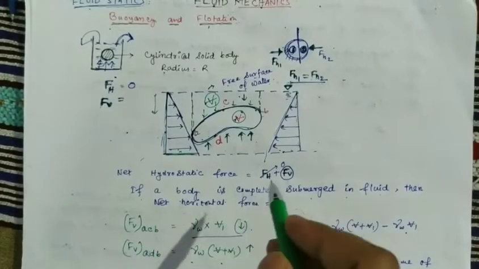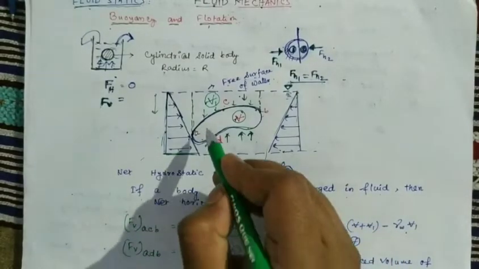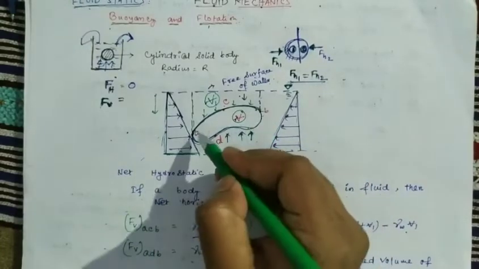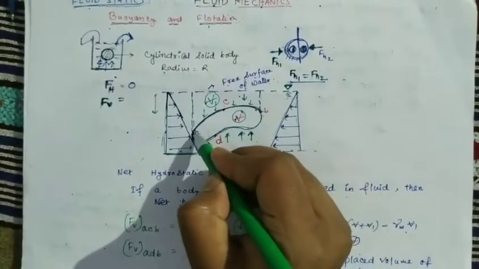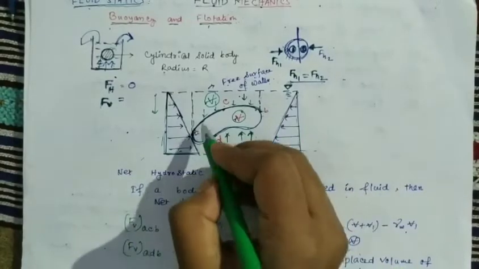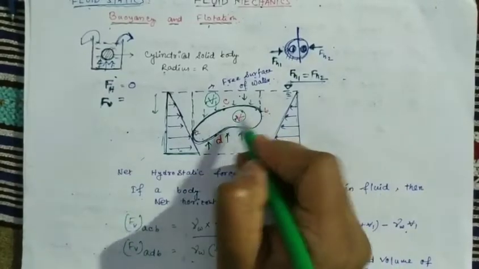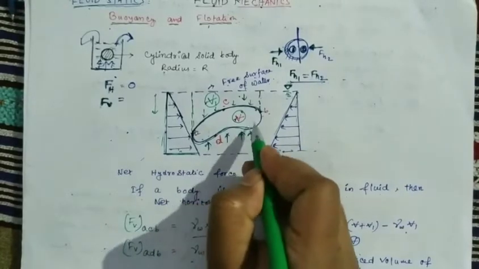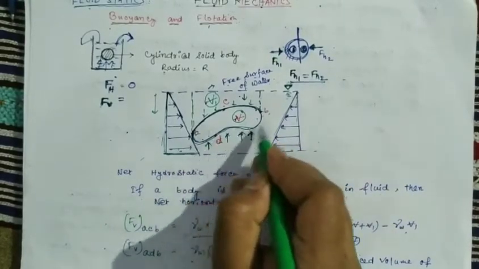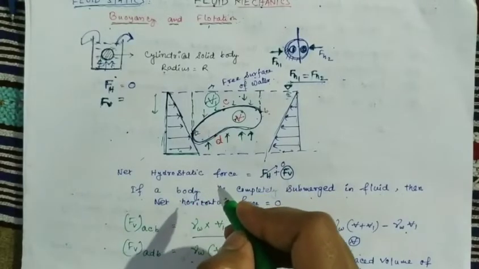Now this body has two surfaces. I separate this body into two surfaces. I consider one is ACB which is the upper surface, and another is ADB, it is the lower surface.